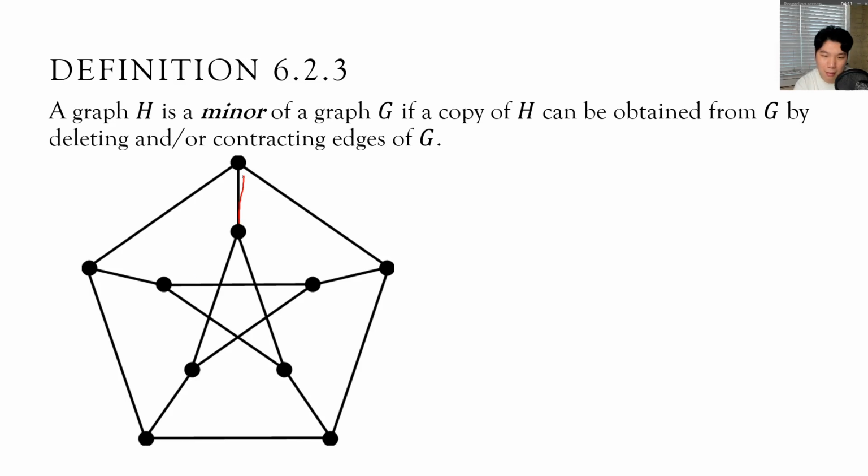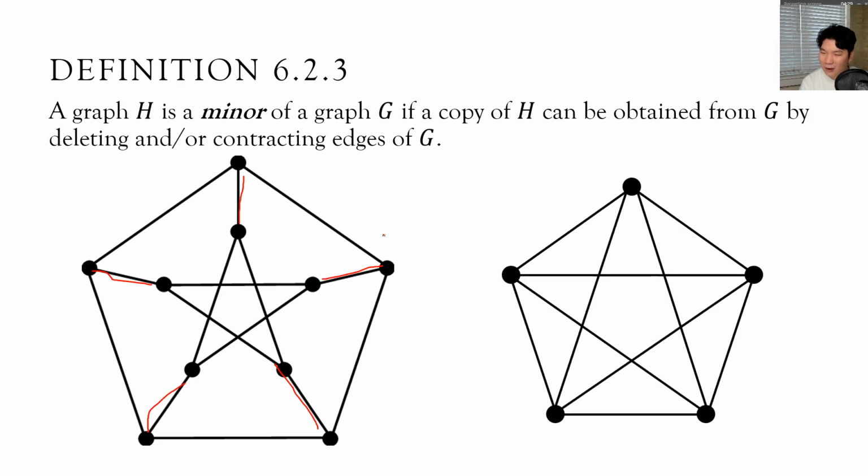So this edge, this edge, this edge, this edge, and this edge. If I contract those edges, it looks like I just pull these two vertices together and make it into a single vertex for each one, then I actually end up exactly with K5, the complete graph. So that means the Petersen graph has a K5 minor formed by contracting.